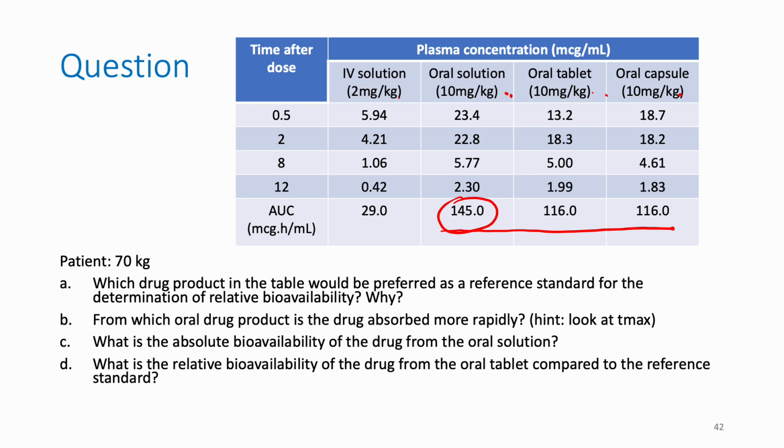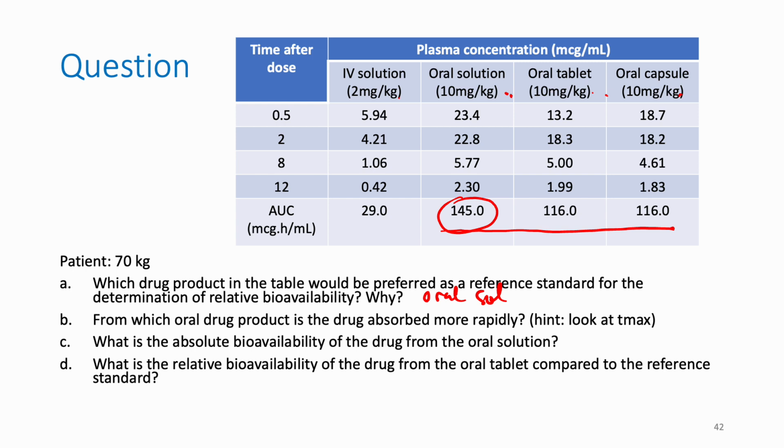Because it's the best one and other drugs can be compared with it, we can select the oral solution as the reference standard, because it had the highest AUC and so the highest bioavailability.